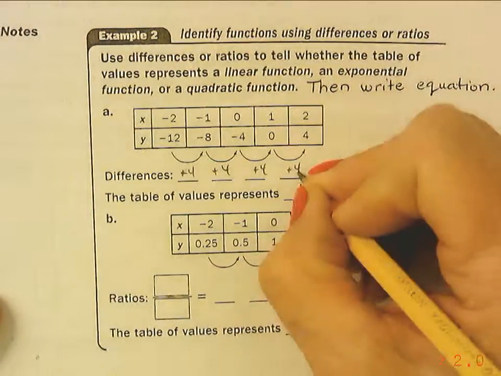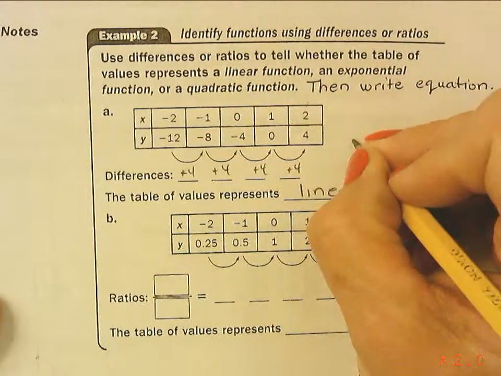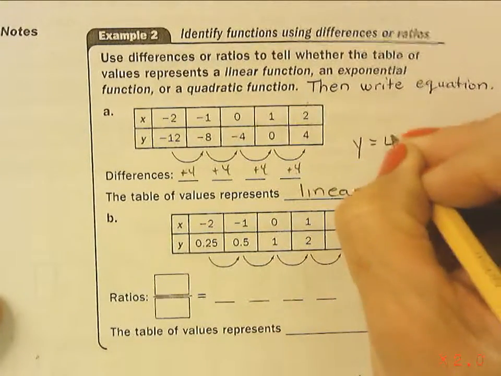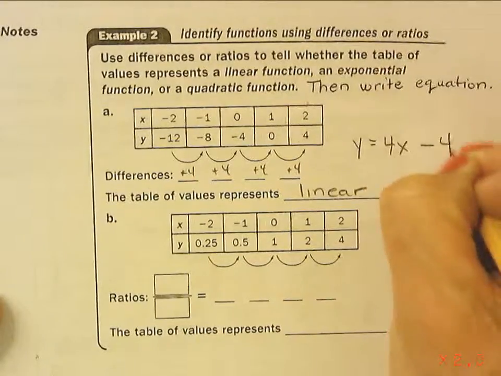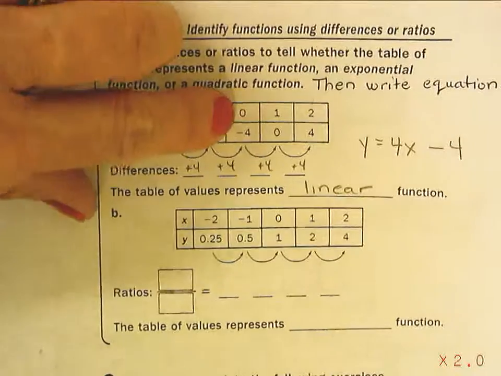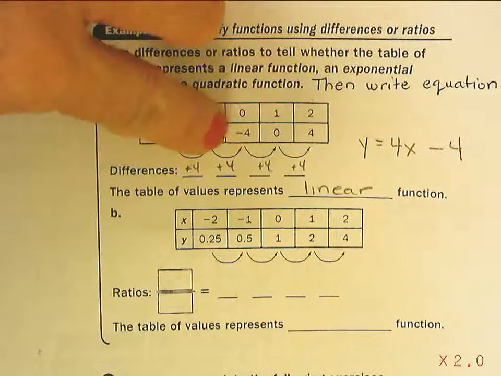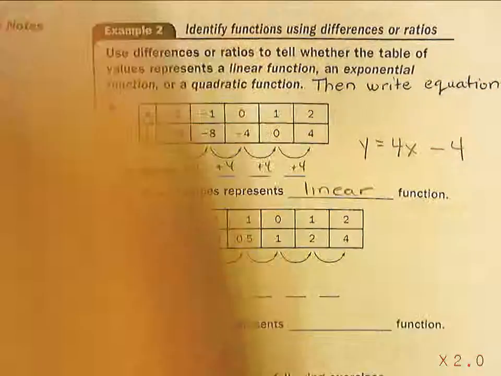And I know my slope is the change in y over the change in x. So I know my equation is y equals 4x minus 4. I want you to think about how I found the y-intercept so quickly. Do you think I substituted a point that quickly? Or do you think I looked and noticed when x was 0, the y-intercept has to be -4?